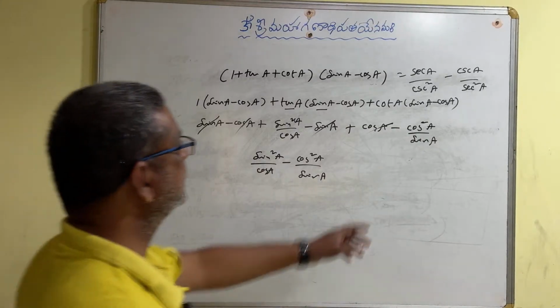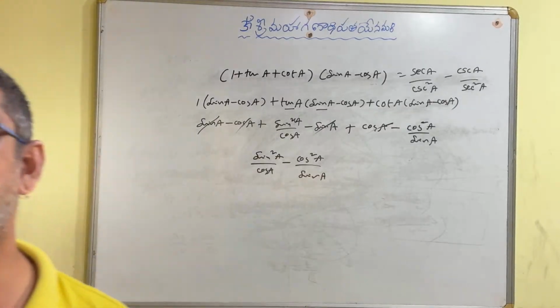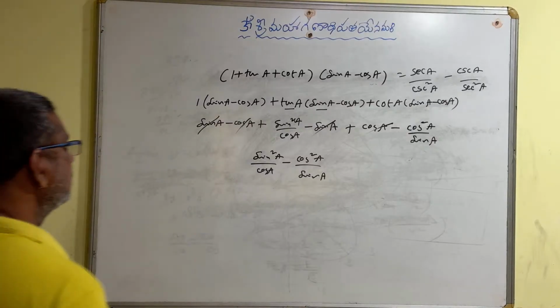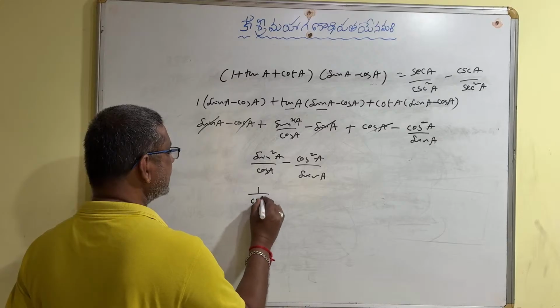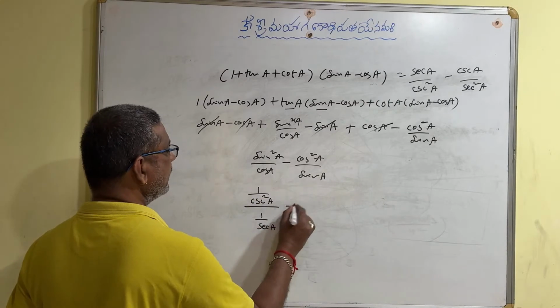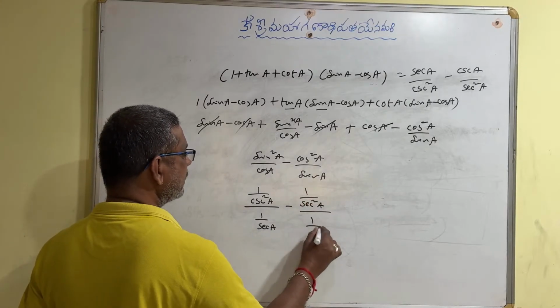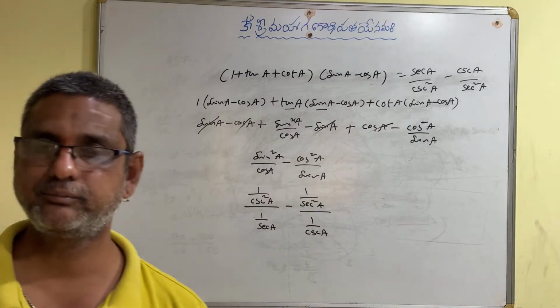But see the answer: secant A by cosecant square A minus cosecant A by secant square A. So we have to convert to 1 by cosecant square A by 1 by secant A, minus 1 by secant square A by 1 by cosecant A. Just converting.